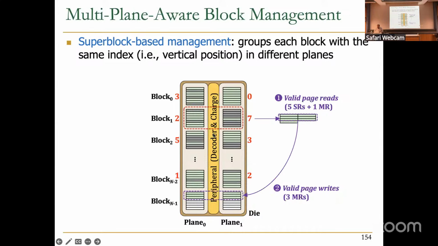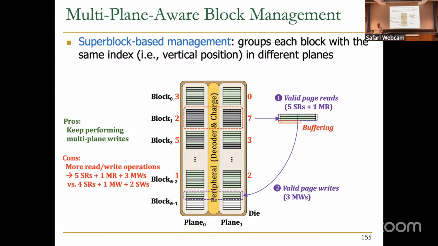Now you can see that you can do some single plane operations, and also some multiplane operations as well, for example at this location. That gives you a performance improvement when you do copy using multiplane operations.